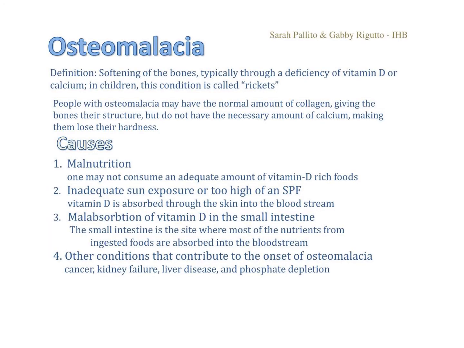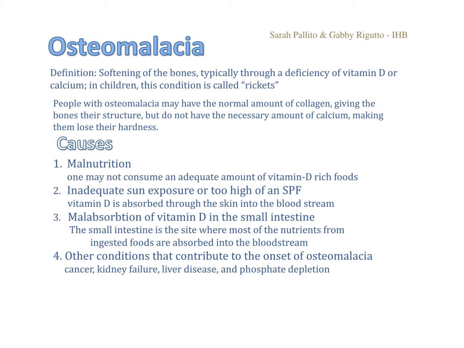Okay, and we're almost finished with osteomalacia. Let's just go right to the causes. So again, the structure of the bone is fine. It's that they don't have enough calcium to make the bone strong. Okay, so malnutrition in an adult can lead to this because of poor intake or poor sources of vitamin D rich foods.